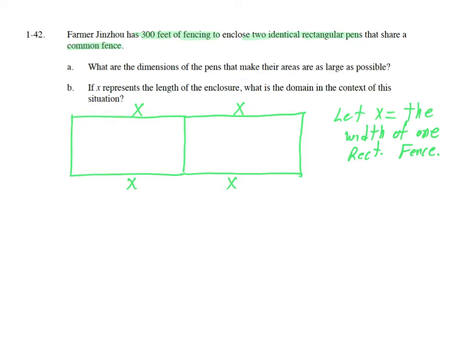Okay, so we have 300 feet of fencing. We're going to use X there, X there, X there, and X there. So what's left over for the other sides? Let's let Y equal the other sides.